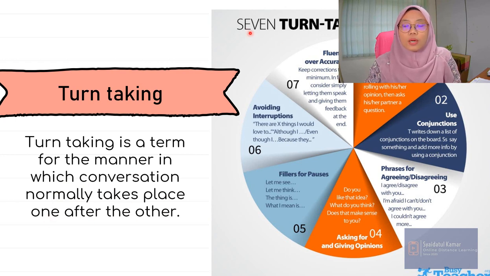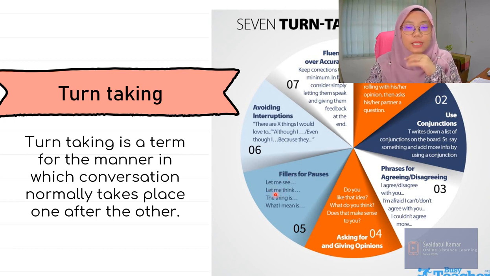Okay, so here are some turn-taking strategies that you can use. Speak and then you ask. Okay, use conjunctions. Use phrases for agreeing or disagreeing, asking for and giving opinions, and fillers for pauses, which means that when you pause, instead of going silent, you can say these words.